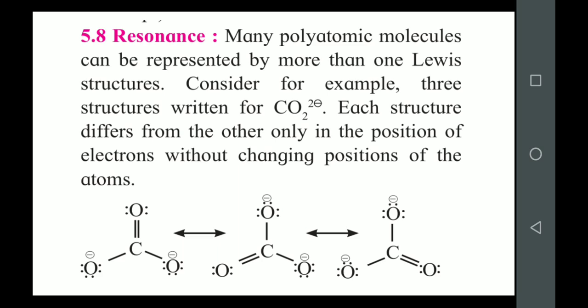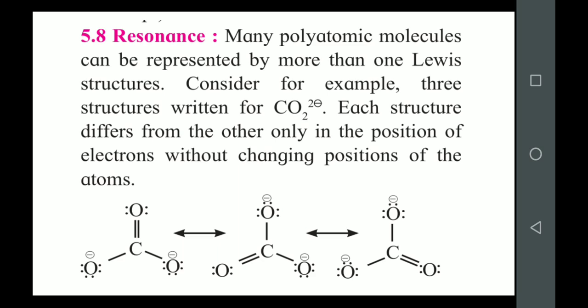Okay, so if you are representing the structure of carbonate by any of these three structures, you are writing it correctly, because all three structures are correct and will exhibit certain properties related to that particular molecule.